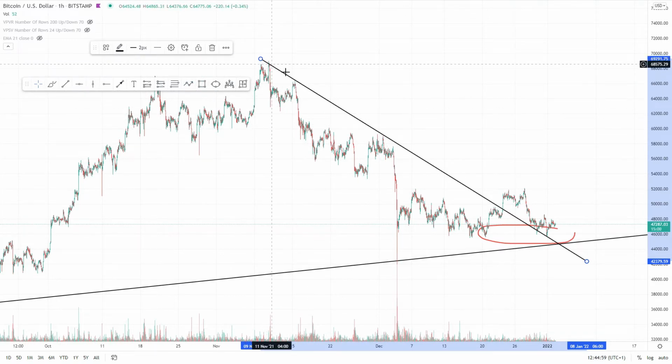We have one reaction here, here, here, and here you can see what happened when the price crossed this bearish trend line. When the price crossed this trend line, Bitcoin went up and made a new lower high.